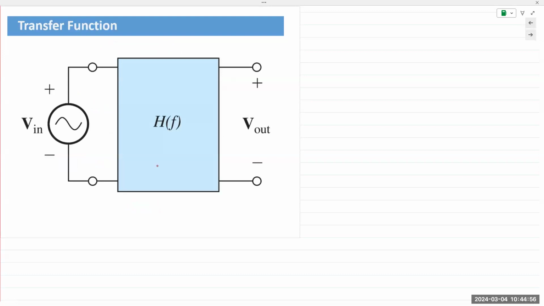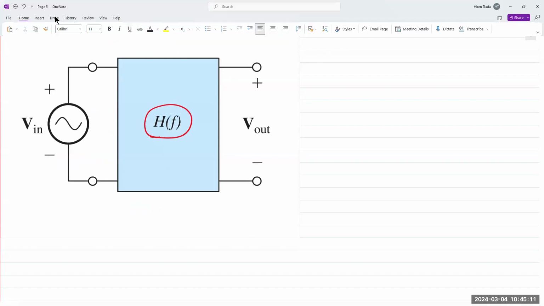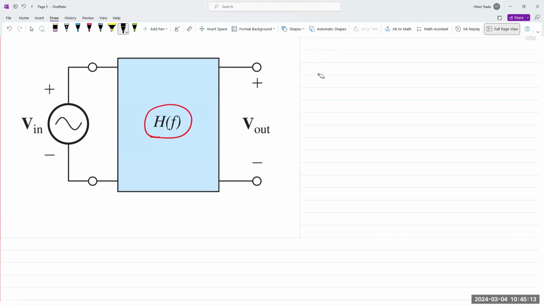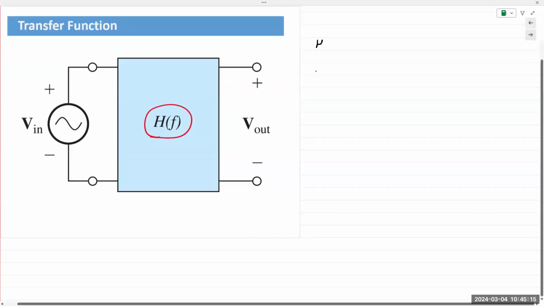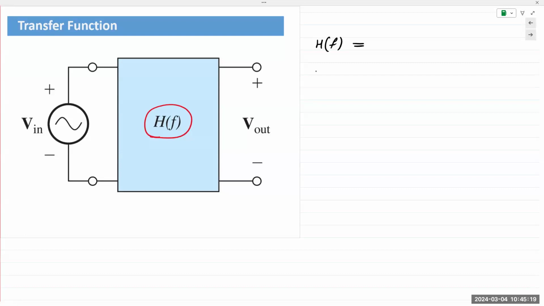It is simply described by a term known as H of f. Again, a sealed box that has a descriptor H of f. And what it is doing is simply describing how the input signal is being transferred to the output.